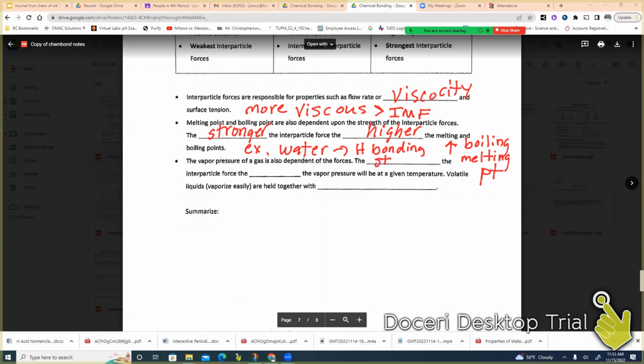The stronger the interparticle force, the lower the vapor pressure will be at a given temperature. So if we have a low vapor pressure, that means it does not evaporate quickly.